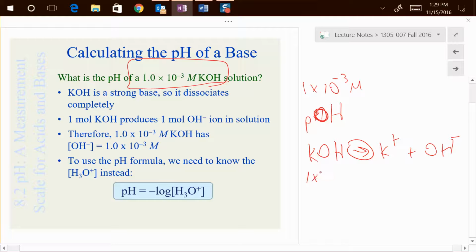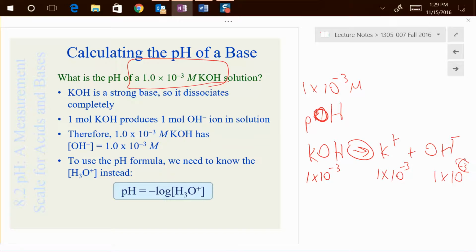So if it's 1 times 10 to the negative 3 molar KOH, that means it becomes 1 times 10 to the negative 3 K plus and 1 times 10 to the negative 3 OH minus. So what is the pOH then? Three. The pOH is 3.